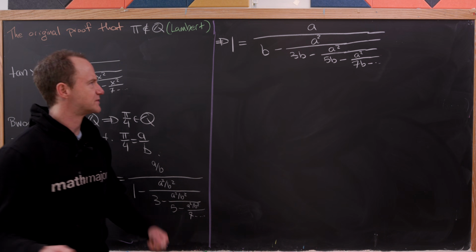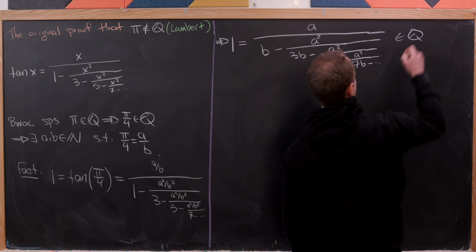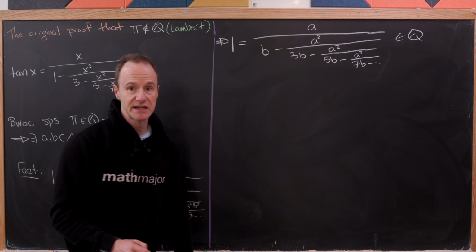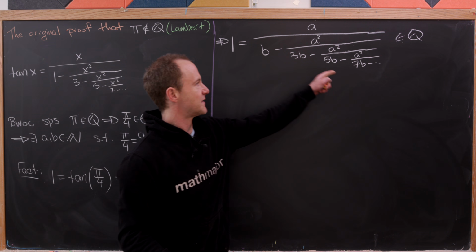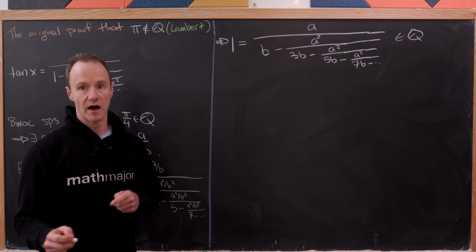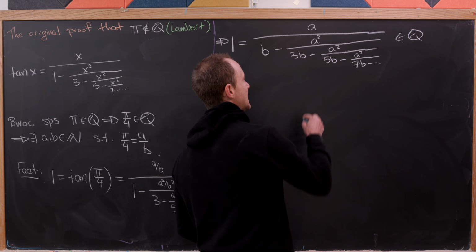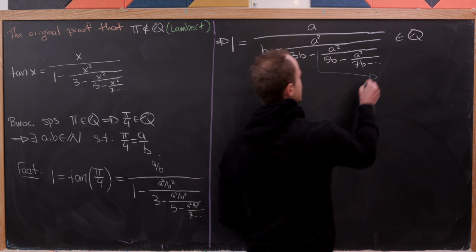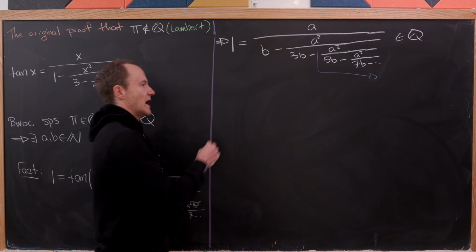Now I'd like to observe that the number 1 is rational, so that means that continued fraction there is also rational. But that means if I look at the tail, if you will, of this continued fraction, what I mean by the tail is any sort of bottom part here continuing on forever and ever and ever, that's also going to be rational.